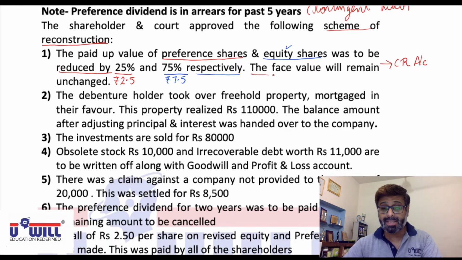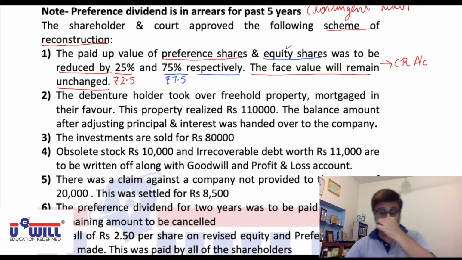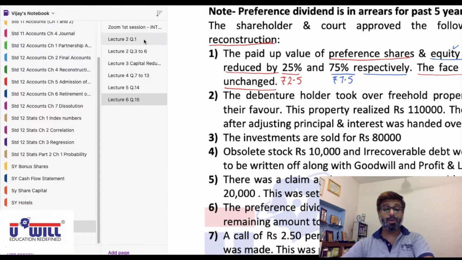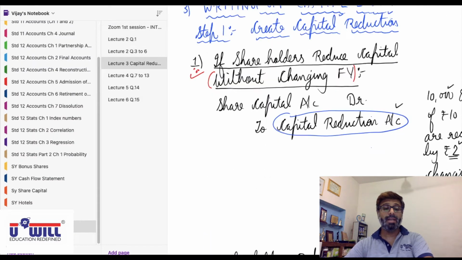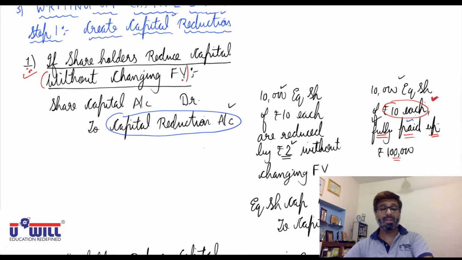Now, the important thing is the face value will remain unchanged. We have discussed earlier that if face value remains unchanged, then we don't have to debit old face value and credit new face value. Straight away, whatever amount they are sacrificing will be credited to capital reduction. That's why I told you, before you start the lecture, have a quick look at the summary of what we have done earlier.